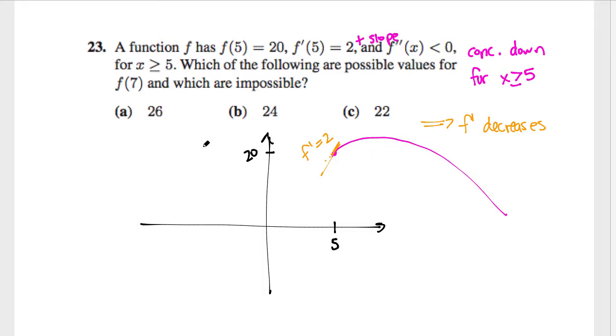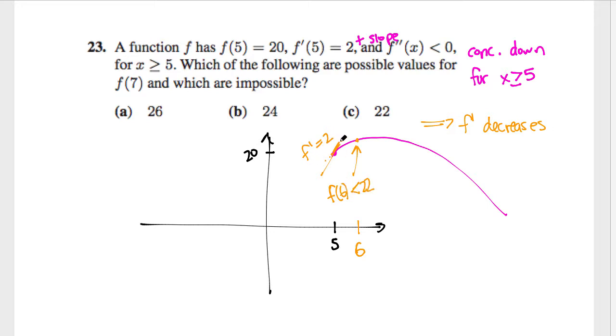So what does this tell us? After one step of motion here, our function has to have a value that is lower than 22. So f of 6 has to be less than 22.